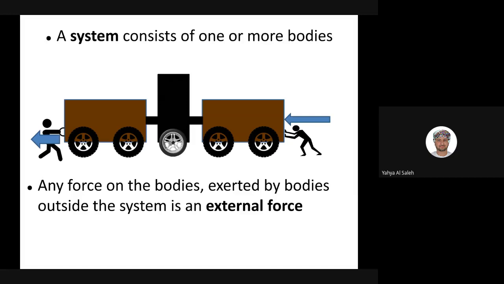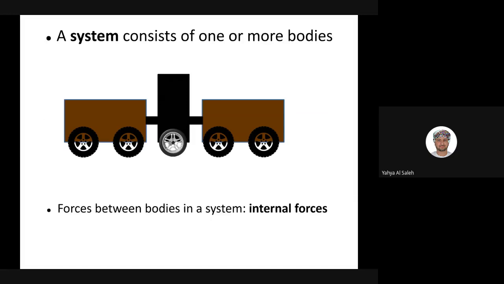Any force on the bodies exerted by bodies inside the system, for example, this brown one has a force on the black one. The black one has another force on the brown one. That's why they pull each other, right? All these internal forces, we call them internal forces inside the system.